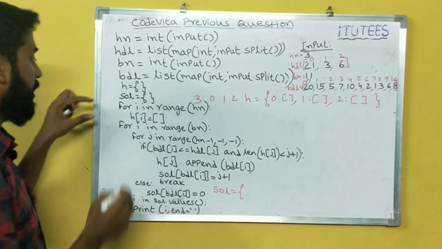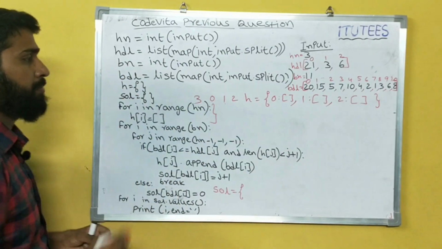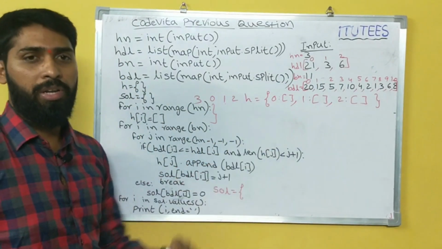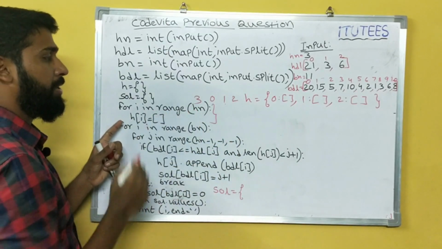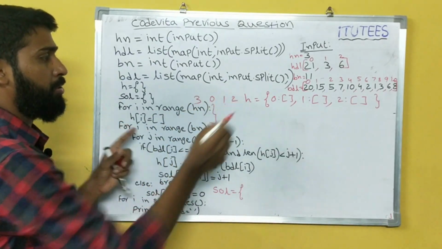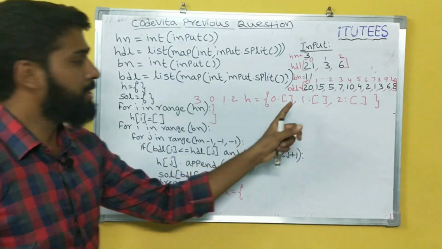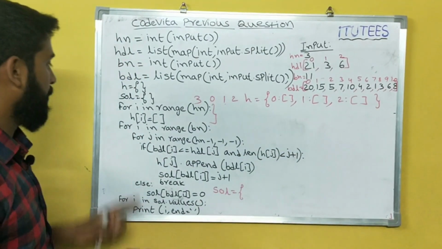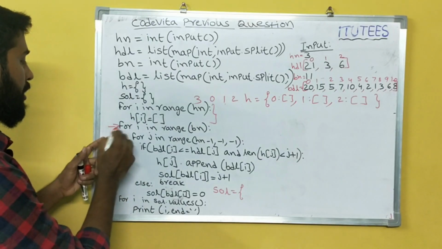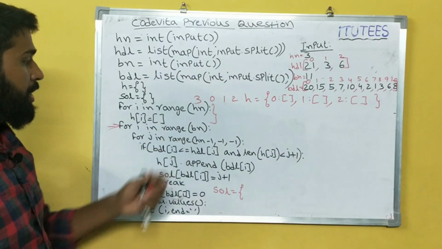So this is the initialization of the whole dictionary. H equals, for I in range of Hn, that means 3: 0, 1, 2. So 0 empty list, 1 empty list, 2 empty list. So next we are here, for I in range of Bn.